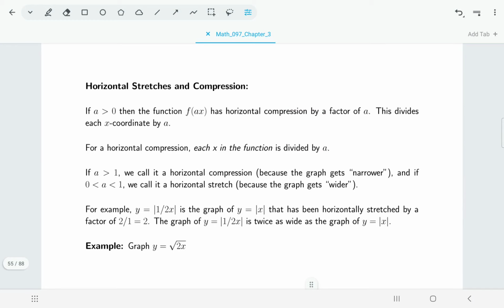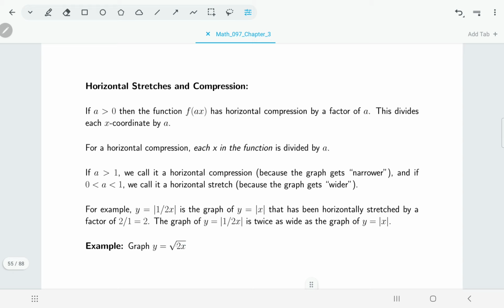For horizontal compressions and stretches, kind of the same thing as before, we're going to do the opposite of what we did for the vertical version. So for a vertical version of stretching, large numbers meant we were getting bigger and small numbers meant we were getting smaller. Here it's the opposite. A large number in front of our x means we'll be getting smaller. So for example, this 2x does not mean we're going to be 2 times wider.